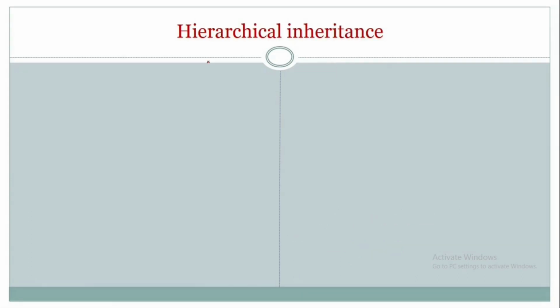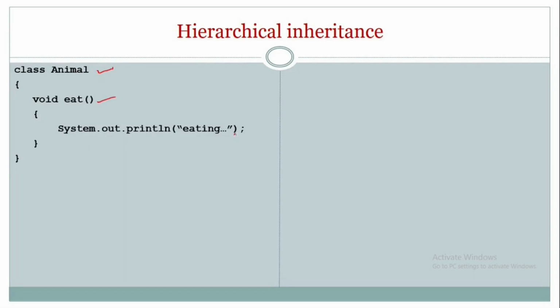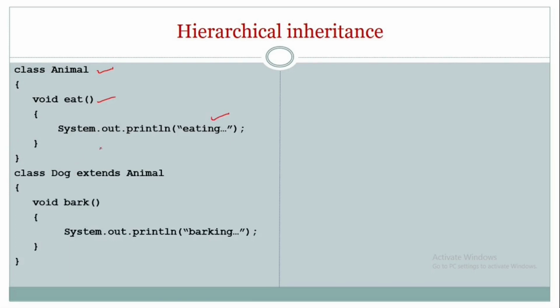Now let us understand hierarchical inheritance with a simple example. Class Animal has a method eat that prints eating. Class Dog extends Animal and has a method called bark that prints barking.